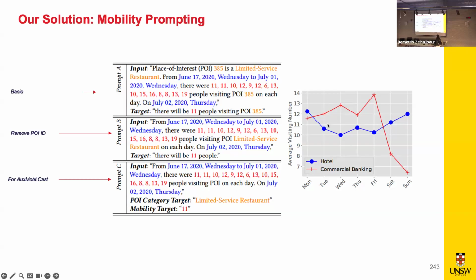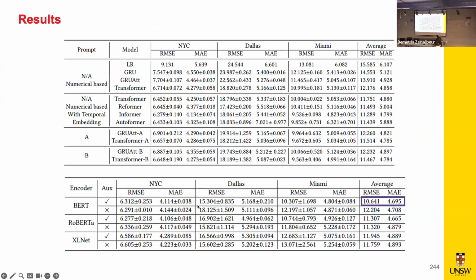And what you see here is each of the POIs has a different pattern across the whole week, from Monday onward. So we found that adding this POI category target explicitly helps the learning.